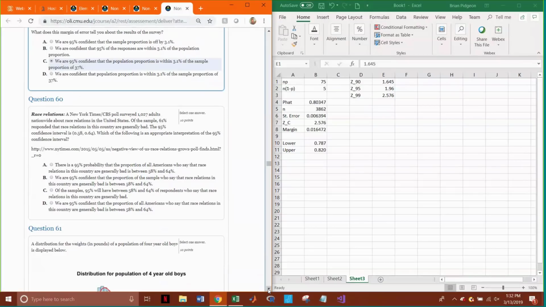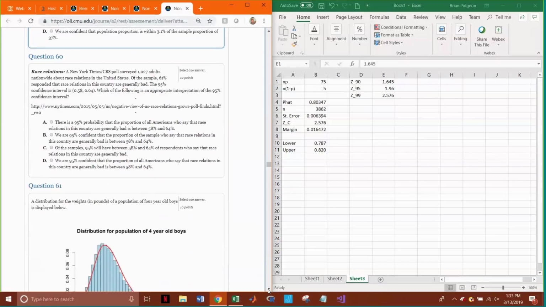A New York Times CBS poll surveyed 1,027 adults nationwide about race relations in the U.S. Of the sample, 61% responded that race relations in the country are generally bad, and they constructed a 95% confidence interval of 0.58 to 0.64. Which of the following is an appropriate interpretation of the 95% confidence interval?